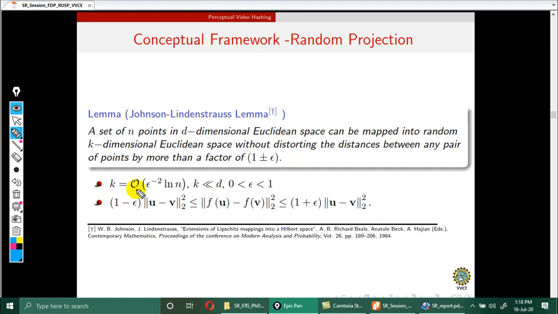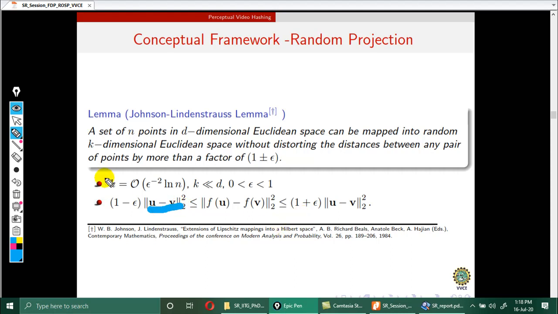The second condition is that, suppose u and v are vectors in the high dimensional space, and f of u and f of v are the vectors in the low dimensional space. Here we measure the Euclidean distance between the vectors in the high dimensional space, represented as the L2 norm squared of u minus v, and here also it is the same thing.